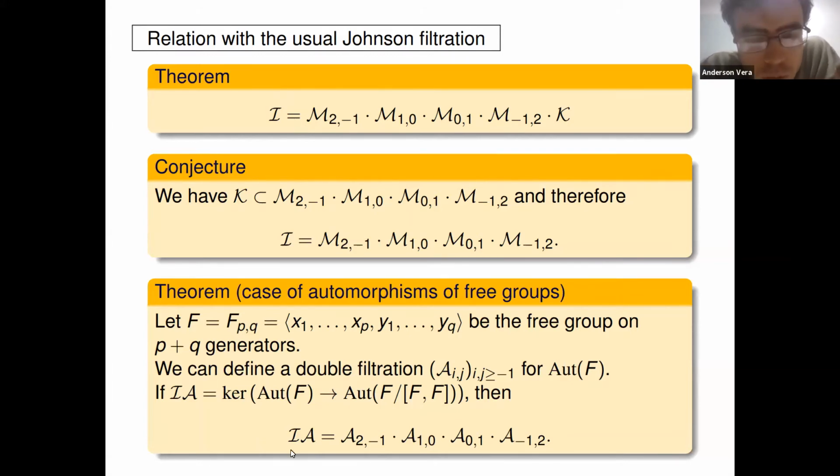We can do this more easily here because we know an explicit set of generators for this group. We also know generators for the Torelli group, but they are more complicated to work with. For instance, in genus 3, we have 43 generators, so they are very complicated.